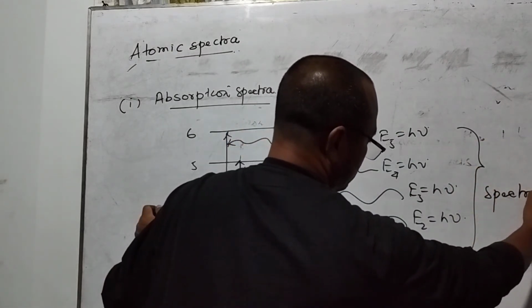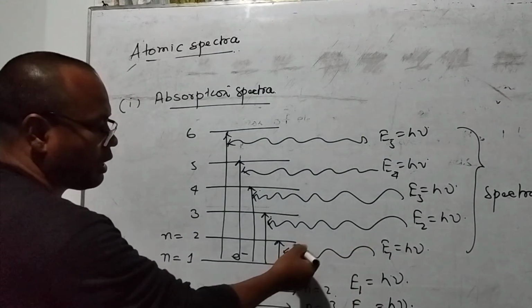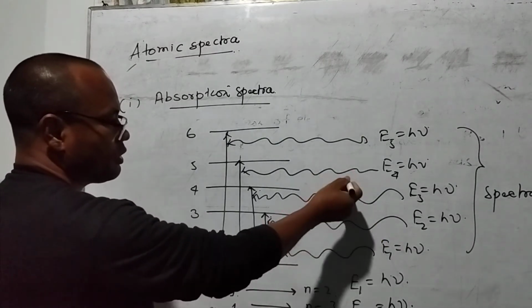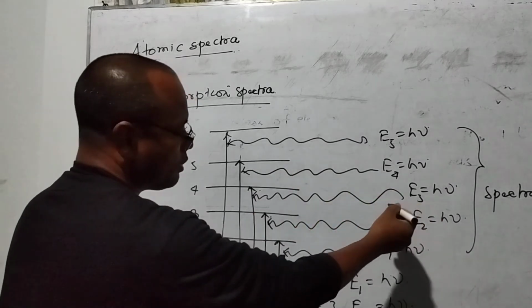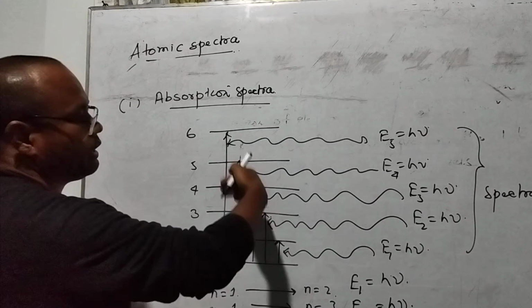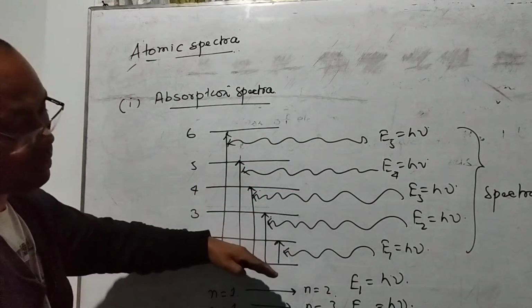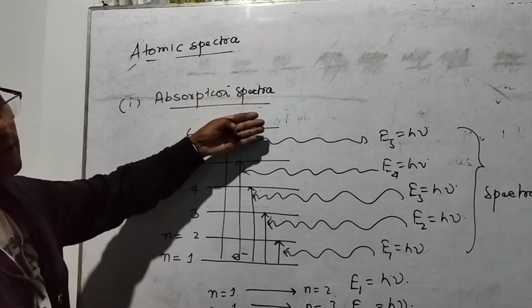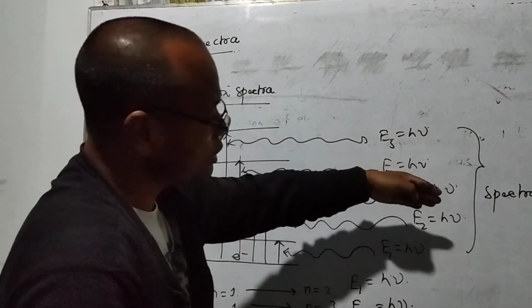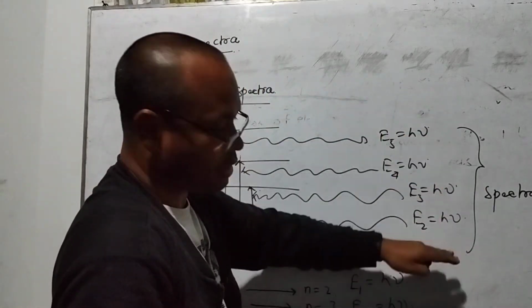So a series of radiations develops in different excitations of our electron from the lower energy level to the higher energy level. That type of series of radiation we call absorption spectra.